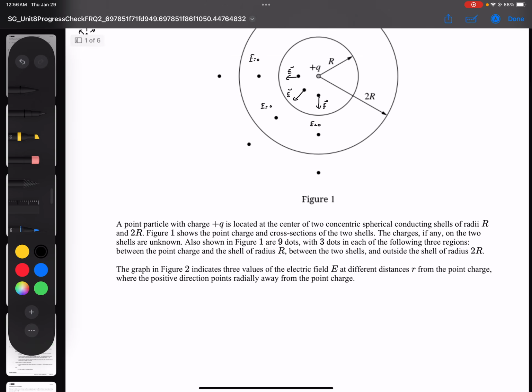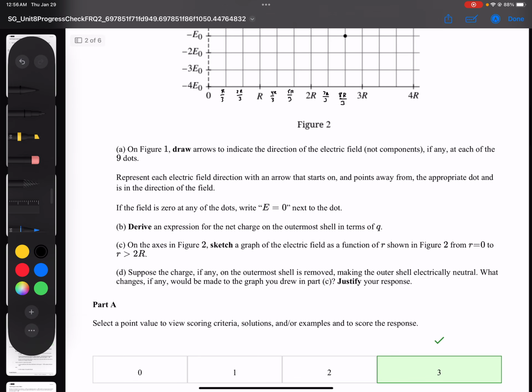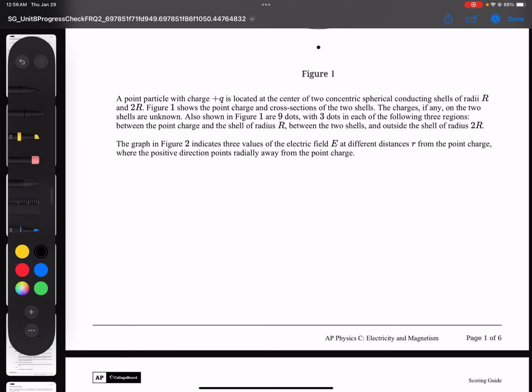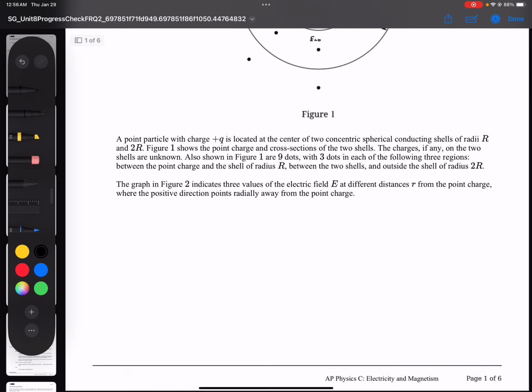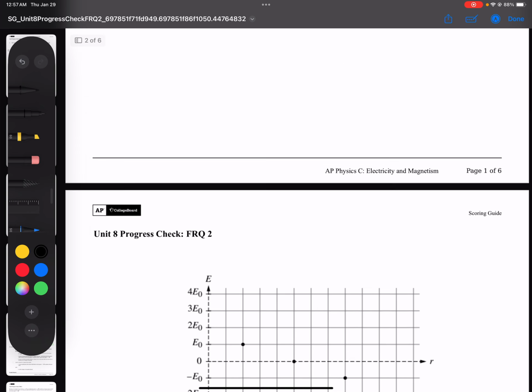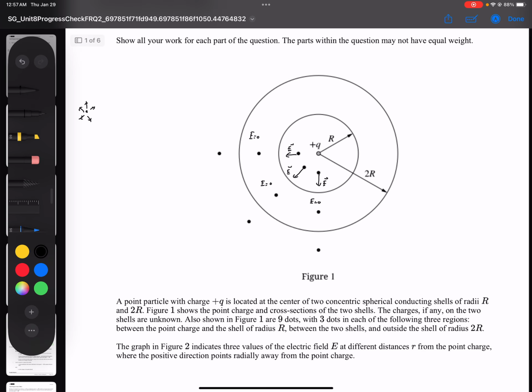So now we have to look at this region, where these dots are at some distance greater than 2R. I see that the electric field strength is negative there, as soon as I go past the conductor. The electric field around the conductor depends on the charge enclosed.